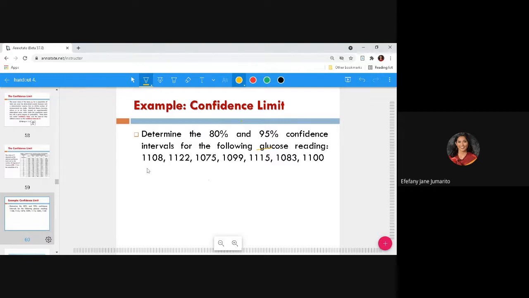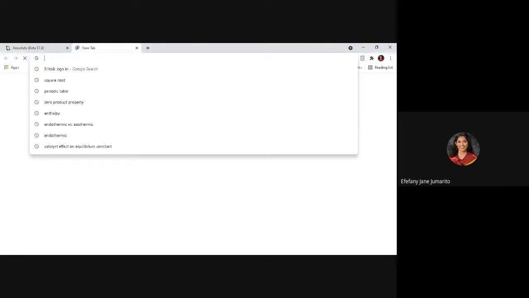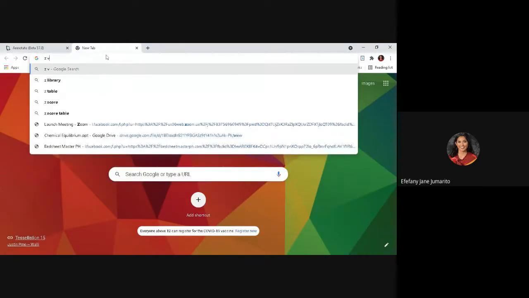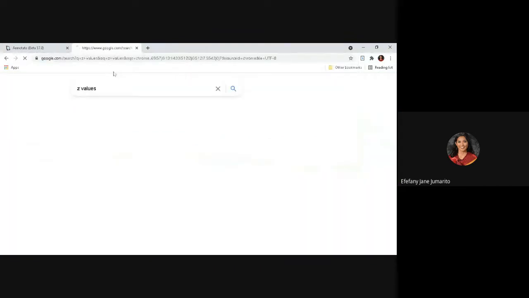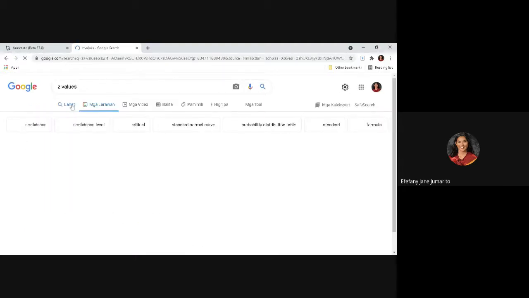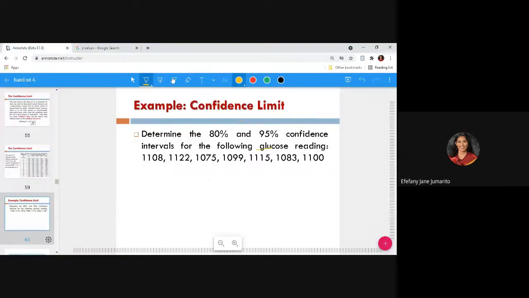Okay, look, glucose reading. So we have this one 1,108. Okay, how many samples present? How many samples present? Okay, when you are asked of how many samples, then you count how many pila sila ka buok.